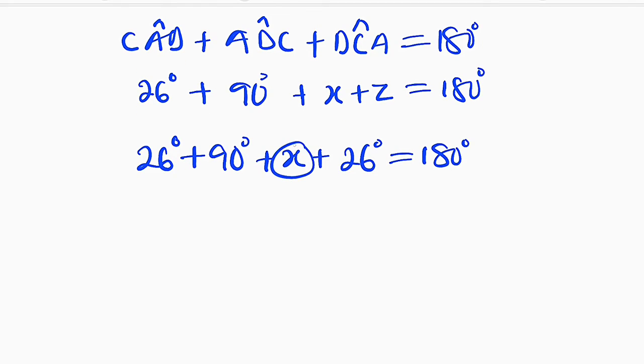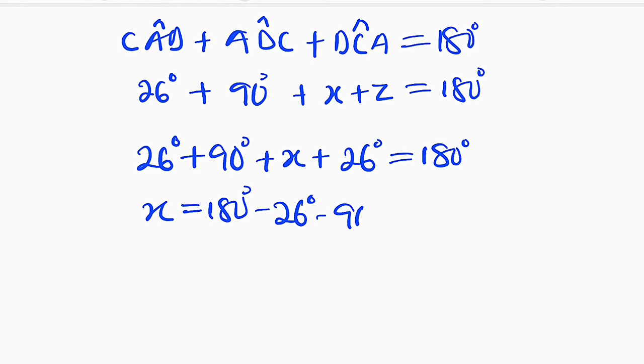So to find x, we are going to subtract all of these three angles from 180 degrees. So x is equal to 180 minus 26 degrees minus 90 degrees minus 26 degrees. And if you subtract all of these three angles, you're going to get 38 exactly. So x is equal to 38 degrees.